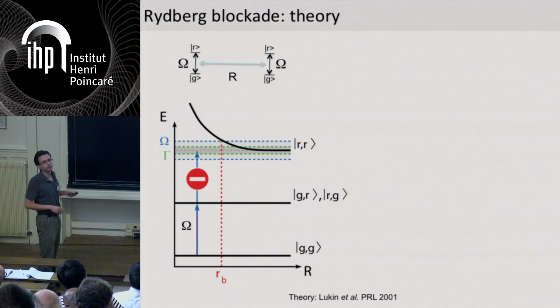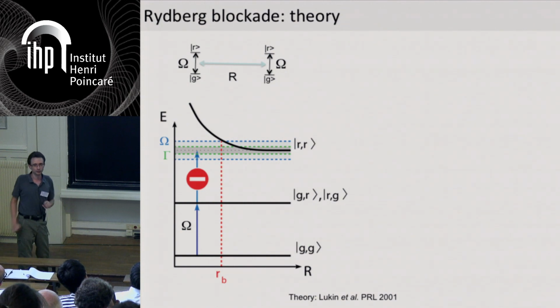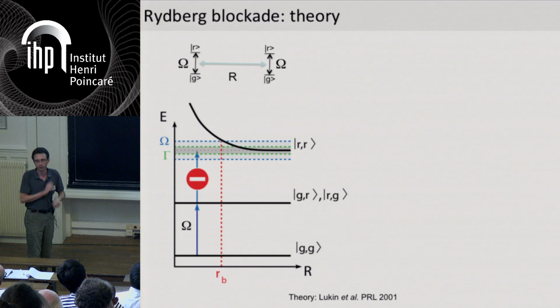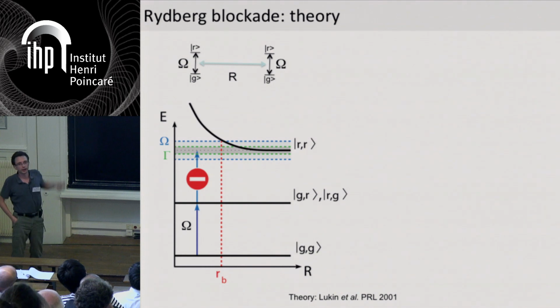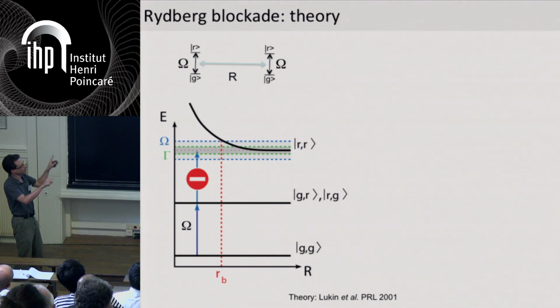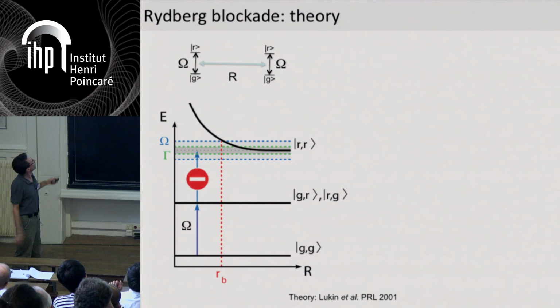So the simplest physics, which was again introduced by Jean-Michel before, is this so-called Rydberg blockade physics. A very quick reminder: when we drive oscillations between a ground and a Rydberg state atom, and we put 2 of these atoms together, when they're far apart, then you can go from the doubly ground state to one of these states where either the left or the right atom is excited to Rydberg, to this doubly excited Rydberg state here.